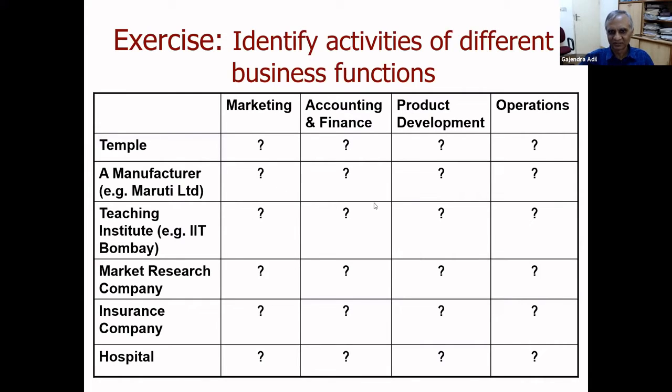Who will? For the manufacturing company. Richie. Operations, I think. Finance and accounting, maybe to develop a particular product, we need capital.